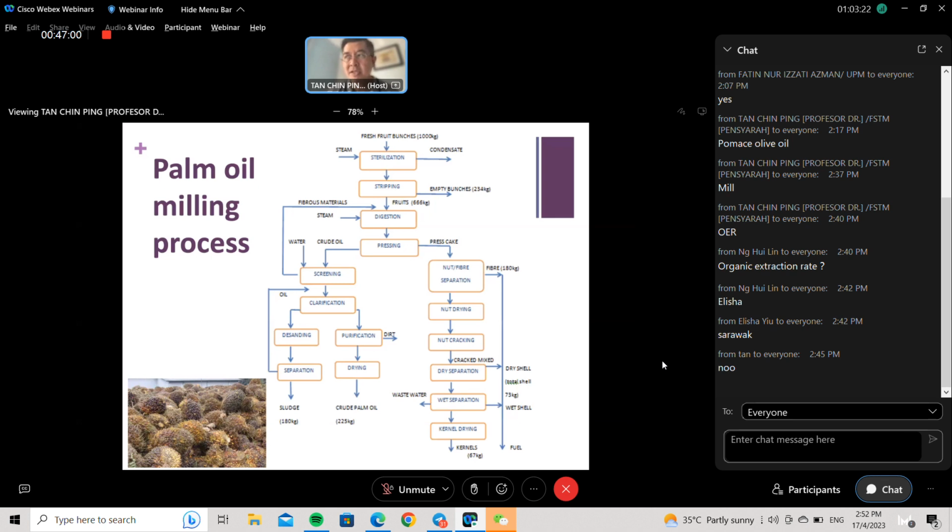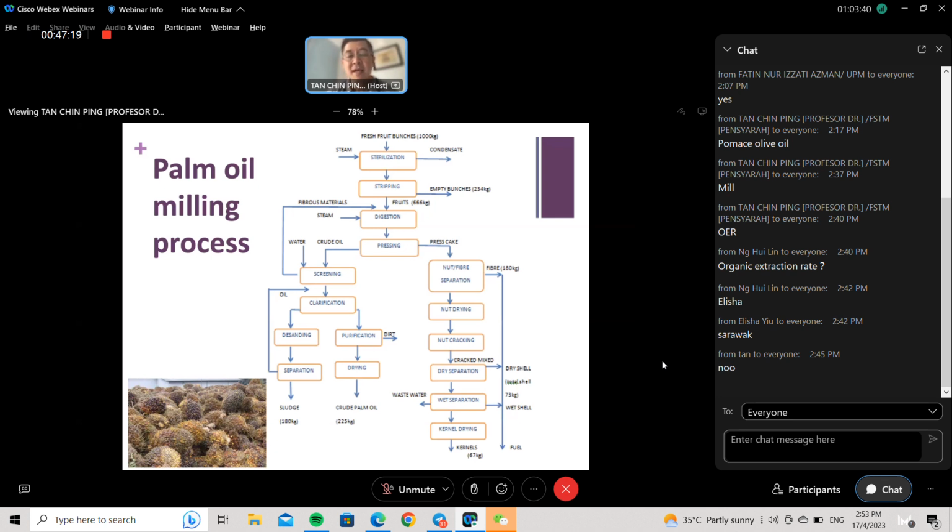So you can imagine if a plant or mill is processing 100 tons of FFB per day. Only 100 tons is considered relatively small, not very big.